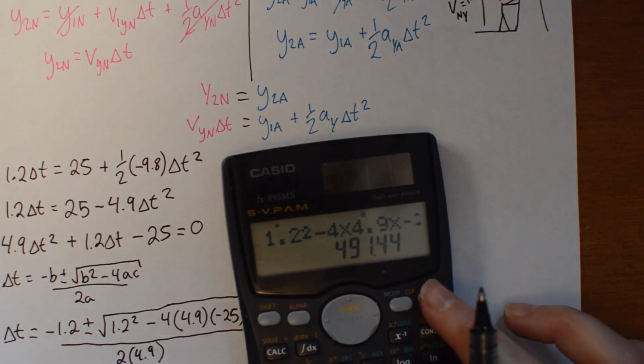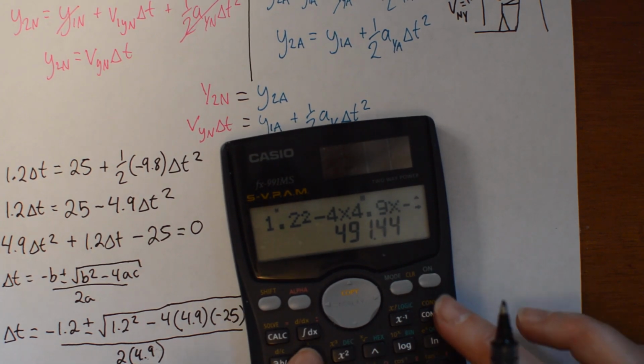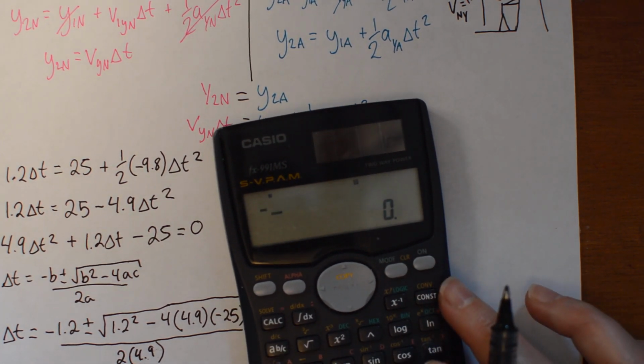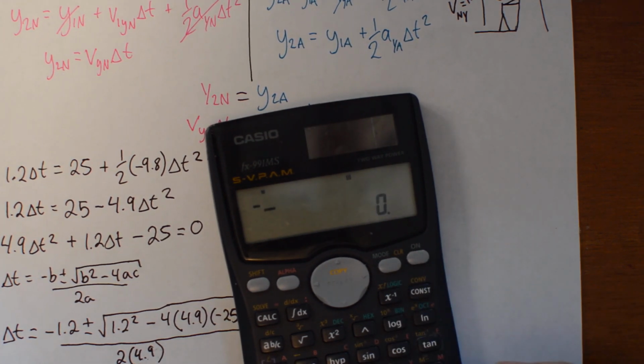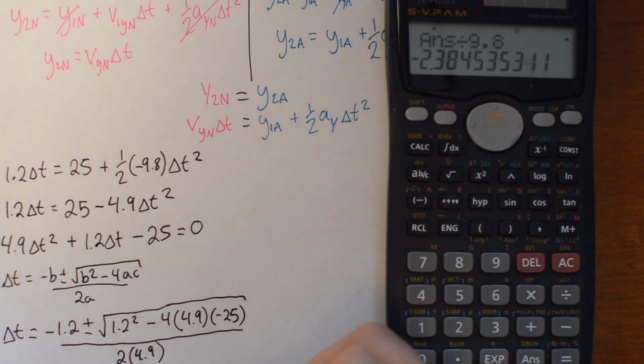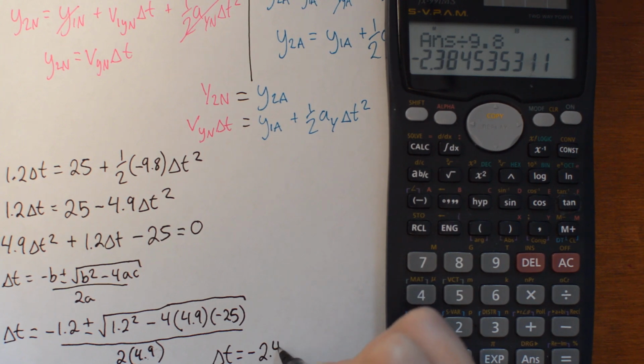Okay, let's toss these numbers in. I'll start with the negative. So negative 1.2 minus the square root of 491.44 divided by 9.8. That gives me a negative time. So delta t is negative 2.4 seconds.